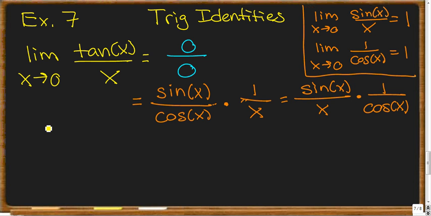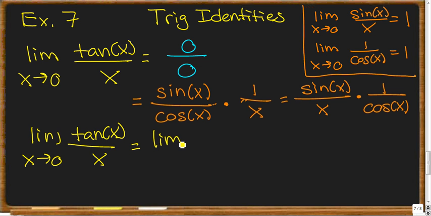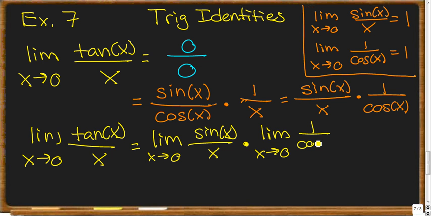The limit as x approaches 0 of the tangent of x over x is the same as the limit as x approaches 0 of the sine of x over x multiplied by the limit as x approaches 0 of 1 over the cosine of x, which from our numbers up here is 1 times 1, which gives me 1.